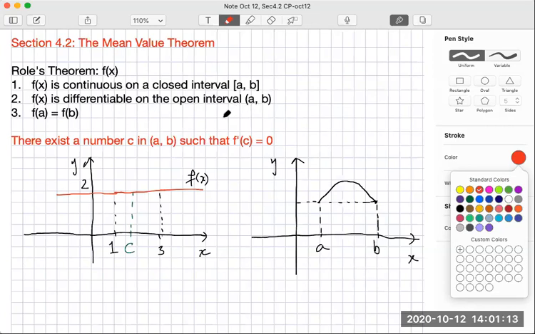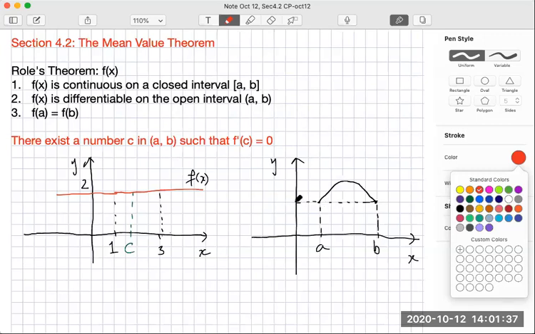The second condition, is it differentiable? It is a quadratic function, right? A quadratic function is continuous and differentiable on R. Third, f(a) and f(b), are they equal to each other?